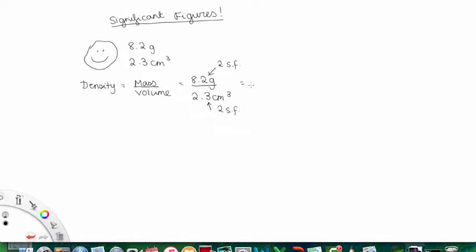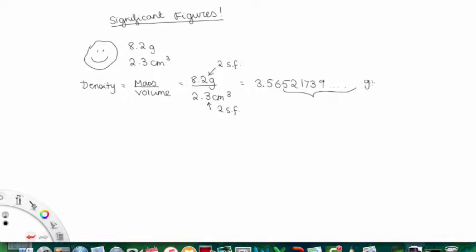When you plug this into your calculator, you're going to get a number that's like 3.56521739, etc. Can you write this as your answer for the problem? Well, no, because all of these digits that keep going on are a value that you're not certain of.